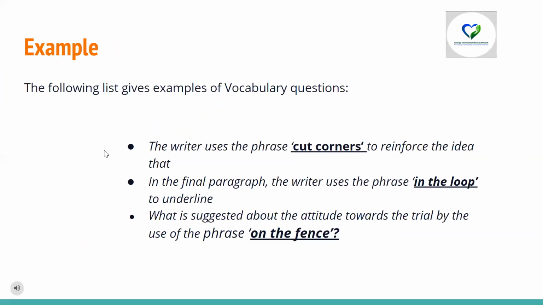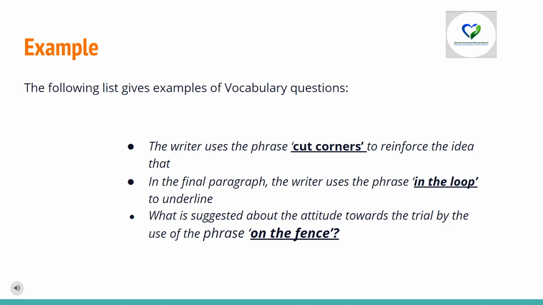Take a look at this example. The following list gives examples of vocabulary questions. You can have it like: the writer used the phrase "cut corners" to reinforce the idea that... See the underlined words in bold, "cut corners".